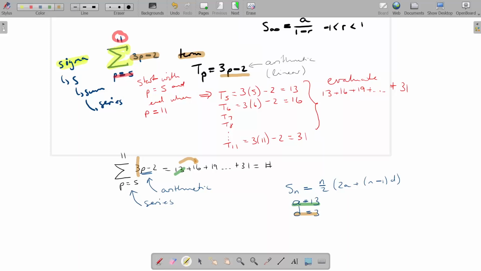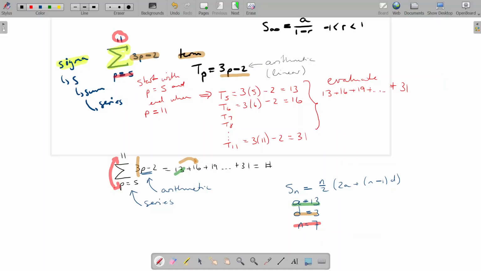And what I'd like you to look at here is that if they give me a start value of 5 and an end value of 11, I should be able to work out that therefore n equals 7. Now, I'm sure some people are saying, hold on, 11 minus 5 is actually 6.